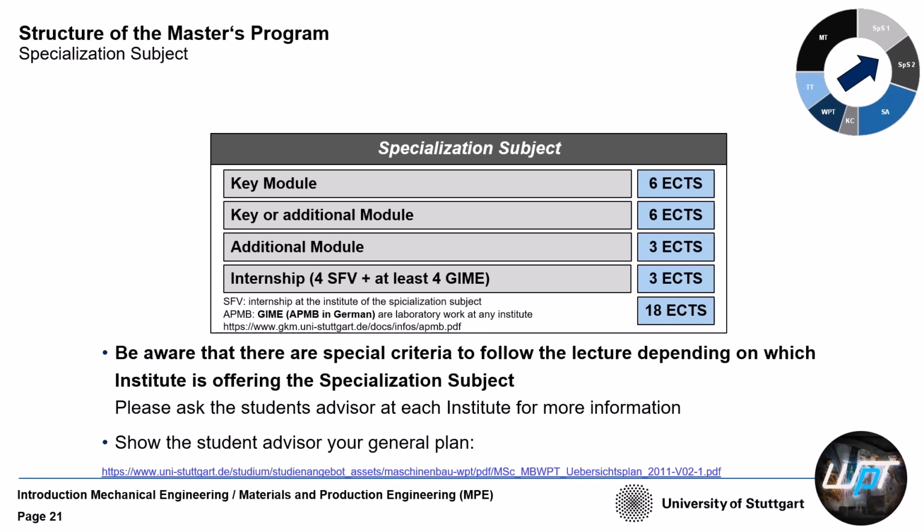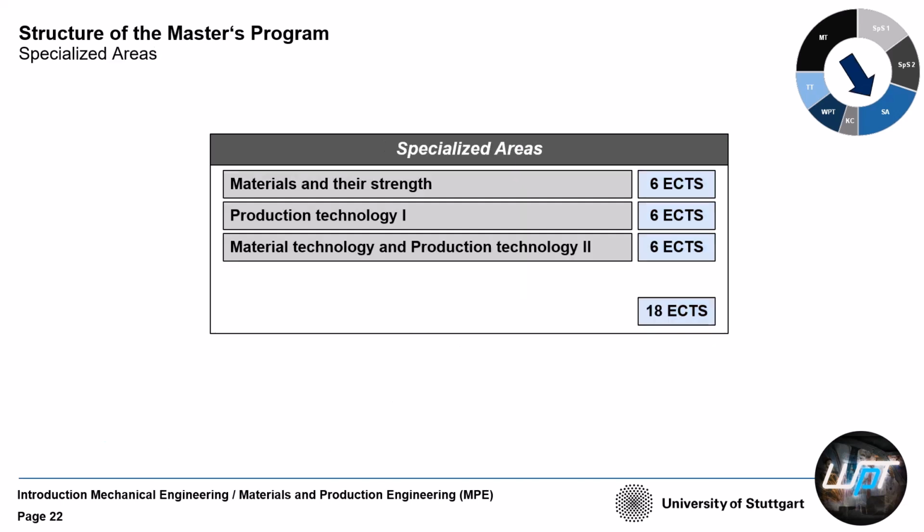You can see here the specialized area, as I told you, colored in blue: materials and their strength, production technology and material technology and production technology.